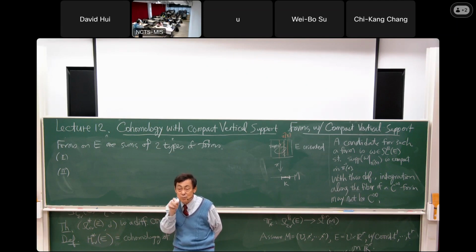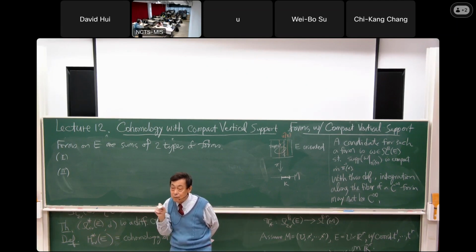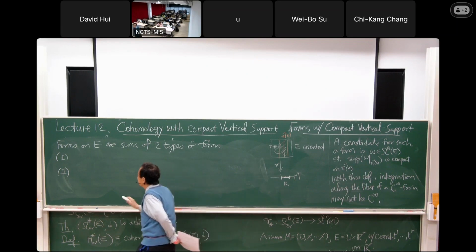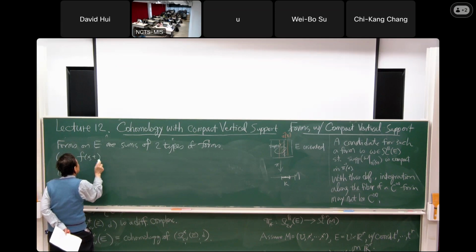You need DT1 to DTR. So a type 2 form has DT1 to DTR in it, all of them. So a type 1 form is one in which you don't have the whole set of DTs in it.